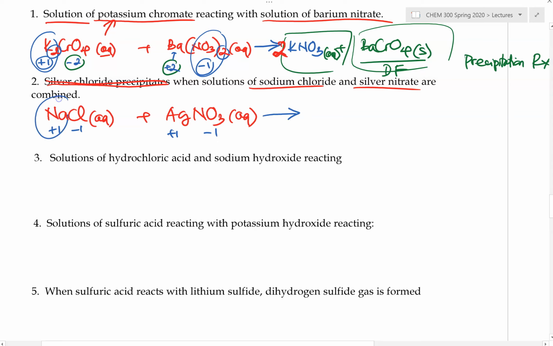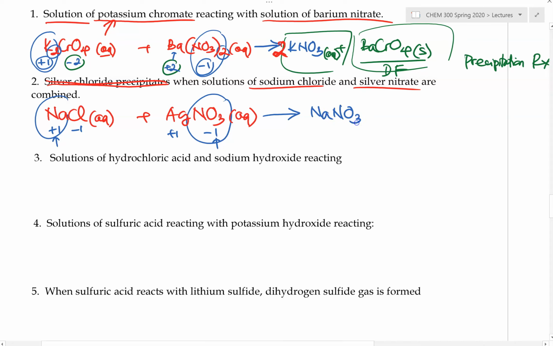Because sodium is the cation, if anything is going to happen, it will come in and form a compound with the anion from the second compound, and that would be nitrate. Because sodium is +1 and nitrate is -1, they will come together in a 1-to-1 ratio to produce a neutral substance. So in this case, we will be producing NaNO3.